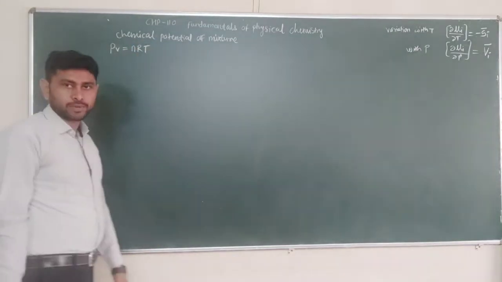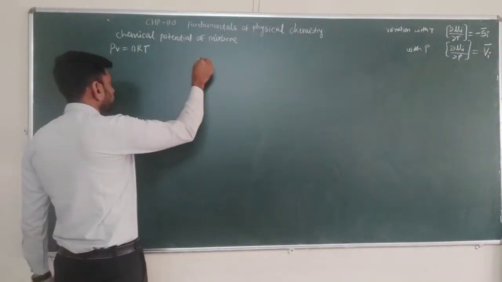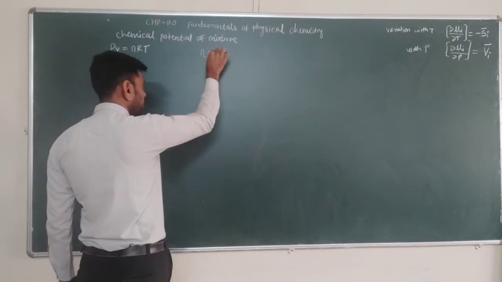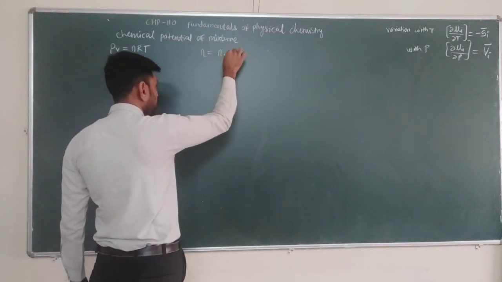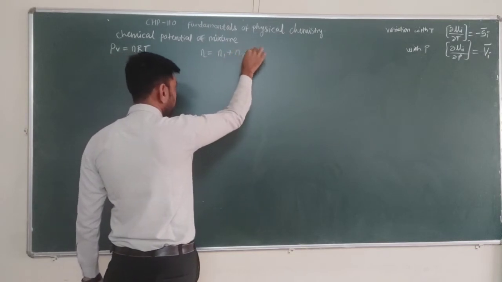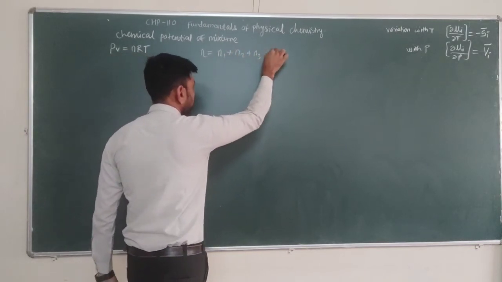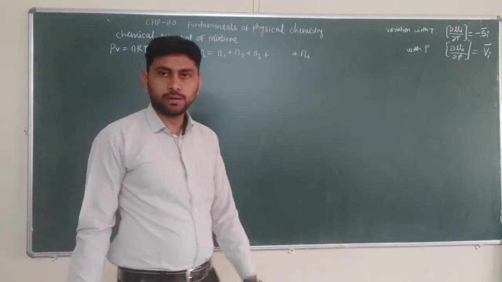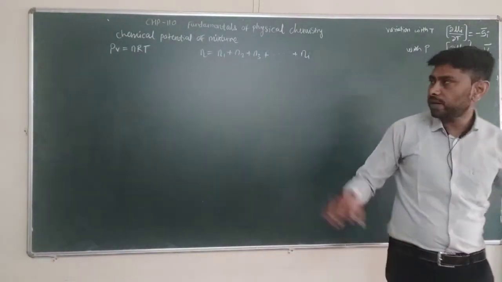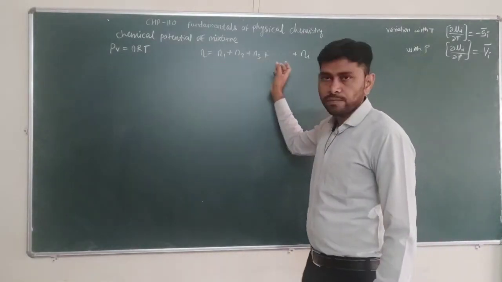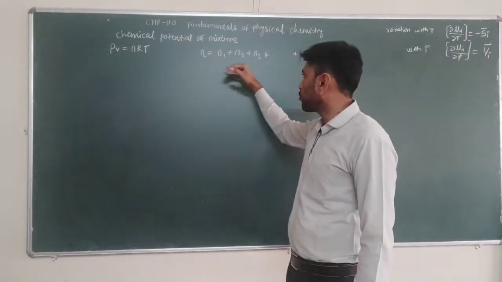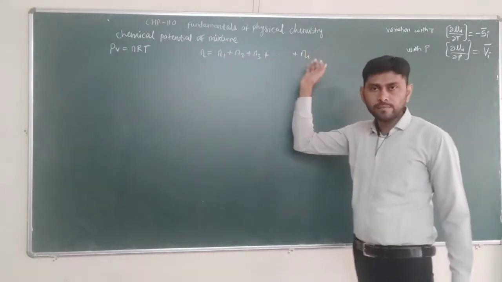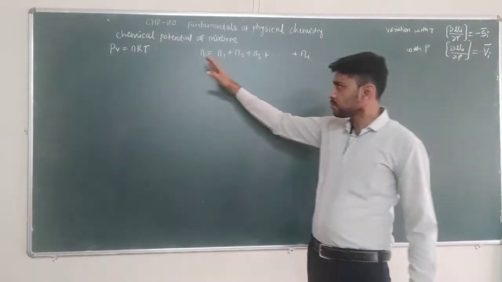If the system is composed of a number of moles in one mixture, that means each component has its own number of moles. So we have this system made up of a number of components, with numbers of moles N1, N2, N3, N4, N5, Ni and so on.